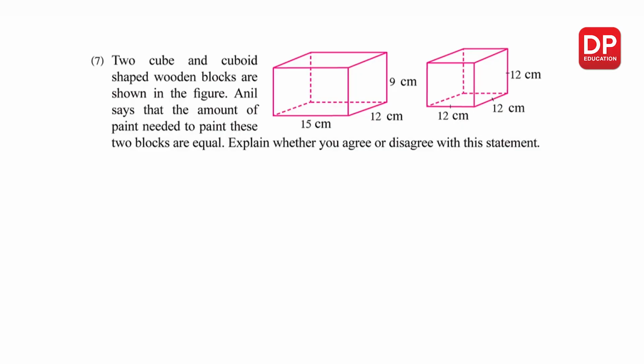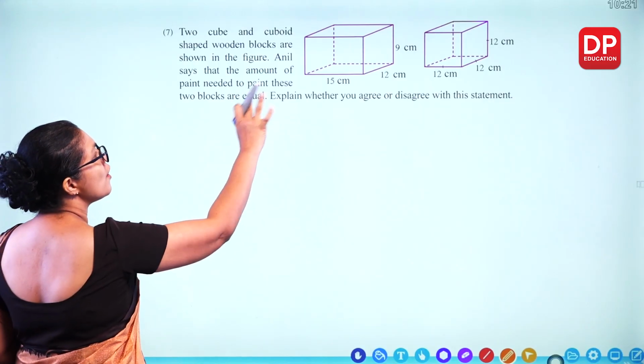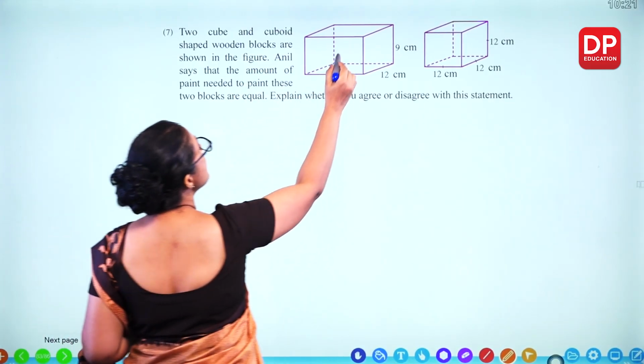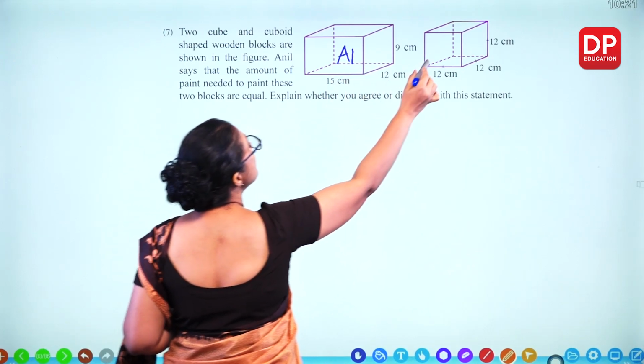Question number 7. A cube and a cuboid shaped wooden block are shown in the figure. Anil says that the amount of paint needed to paint these 2 blocks is equal. Explain whether you agree or disagree with the statement. So we'll find out the separate surface areas. We'll take this one as A1, this as A2.